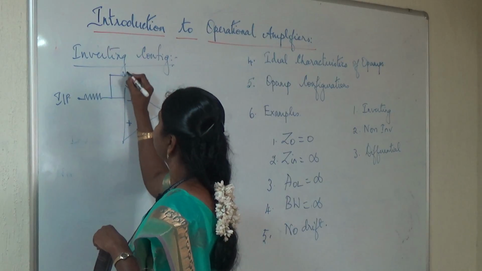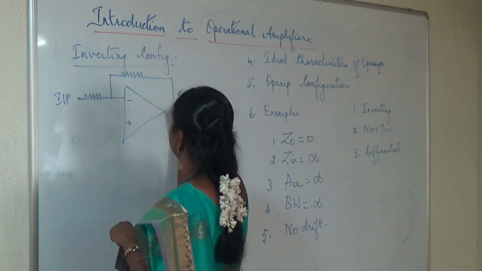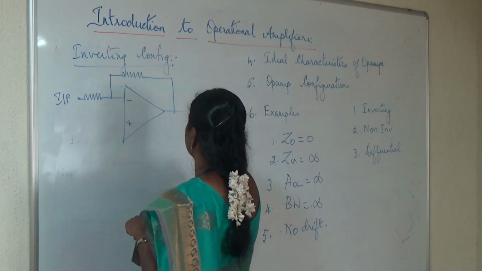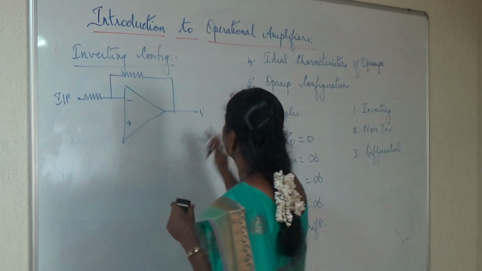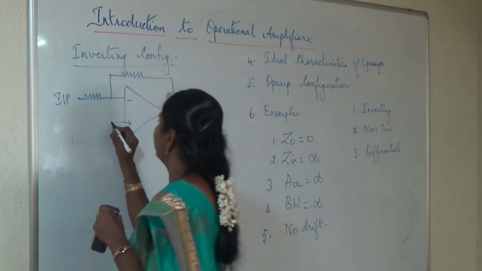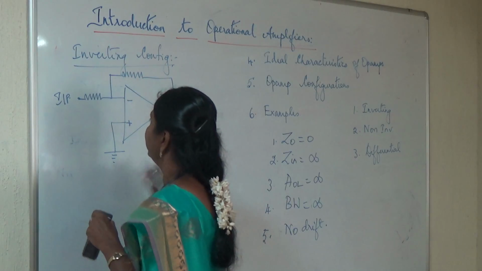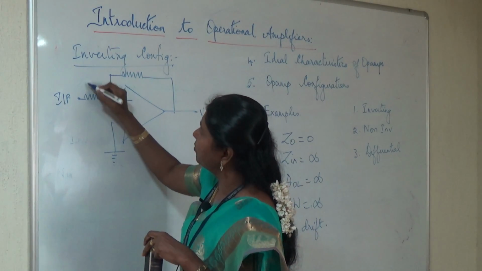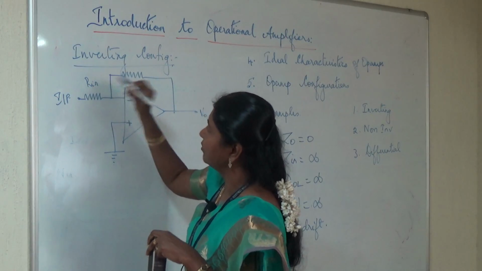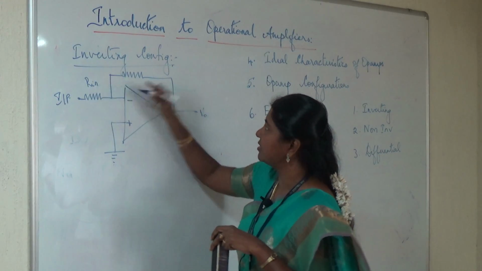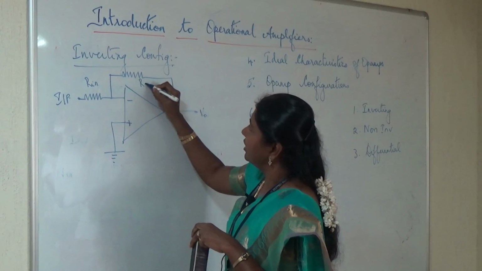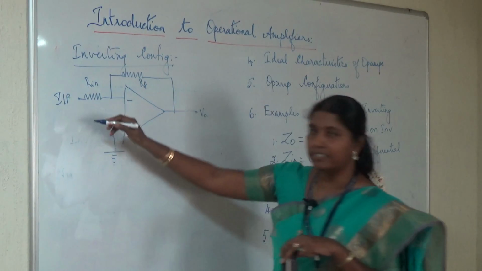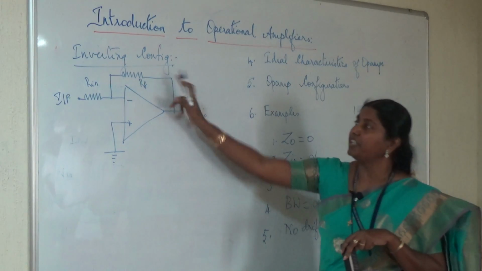A feedback resistor is going to be connected and we connect this to the output. The non-inverting terminal is grounded. So this resistor that is connected to the inverting input I will call as Rin because it is the input resistance. This resistor will be called as RF, feedback resistance, as it is connected to the feedback.